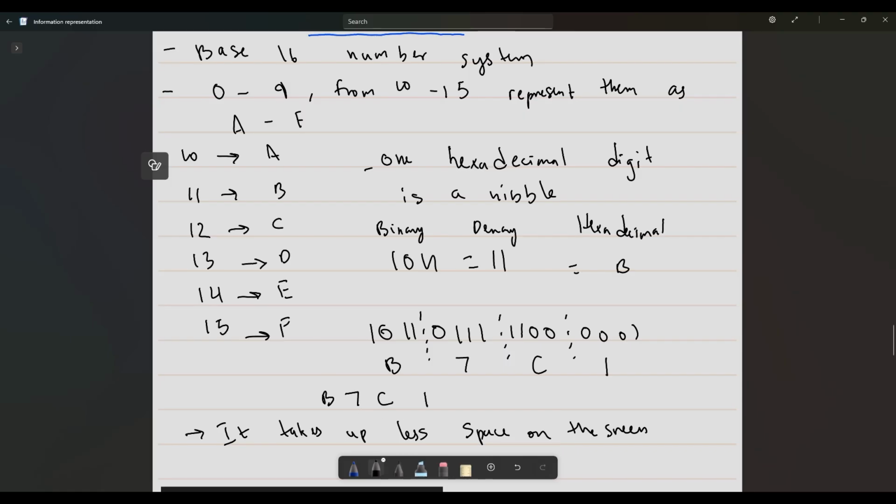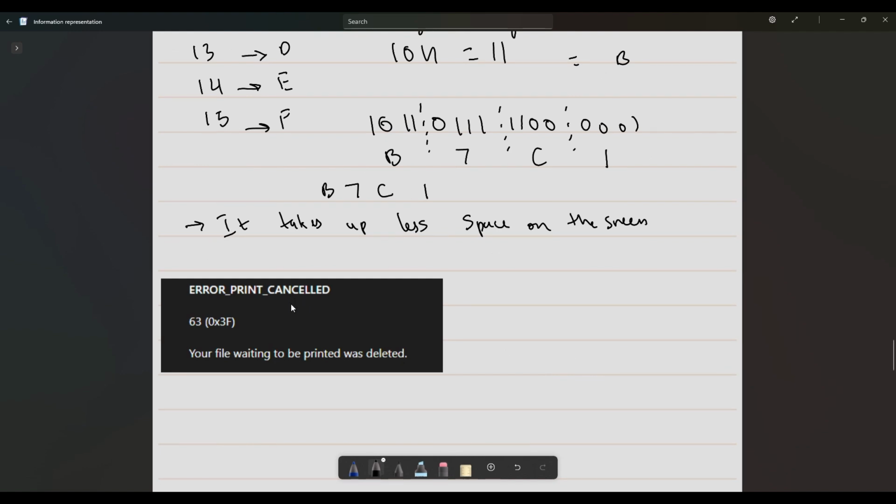For example, I've taken a screenshot from the Microsoft page for the error print cancel. Say you're sending the printer a file to be printed, and while it's processing, before the computer sends the data to the printer, you just delete that file. When that happens, you will probably receive the error code 0x3f.